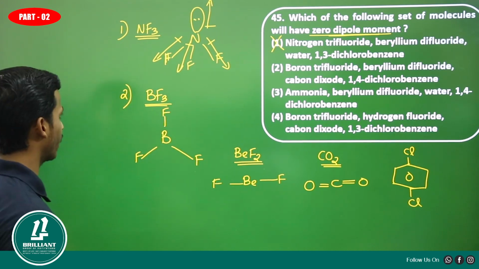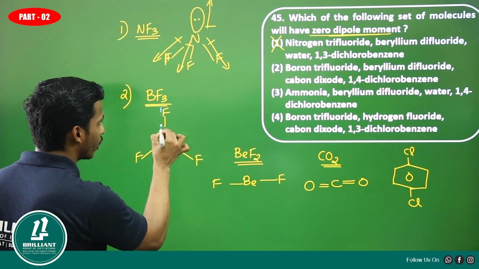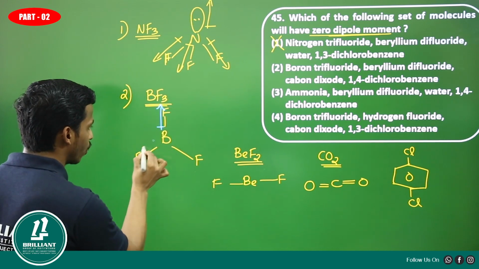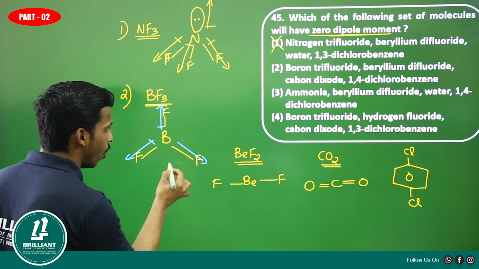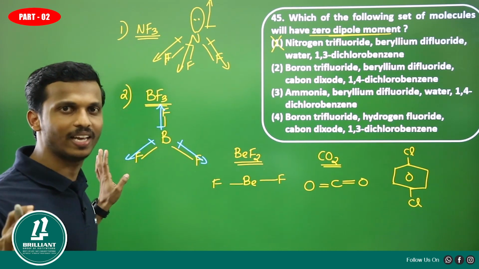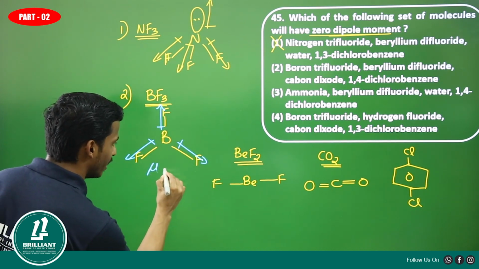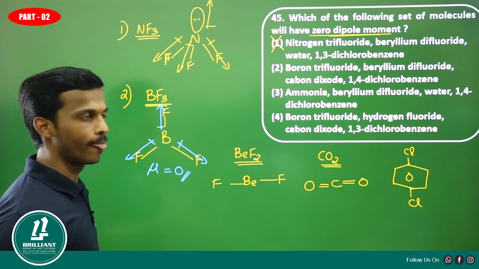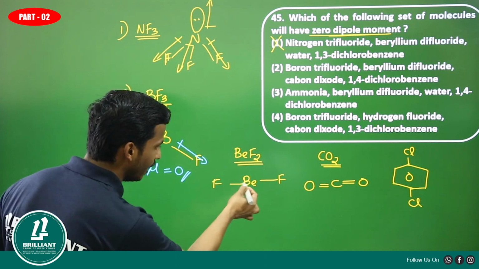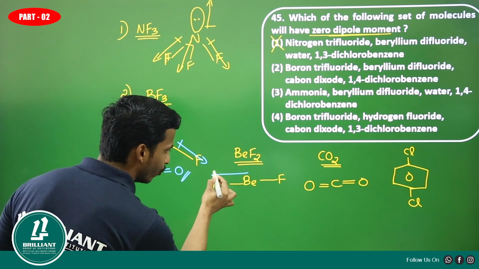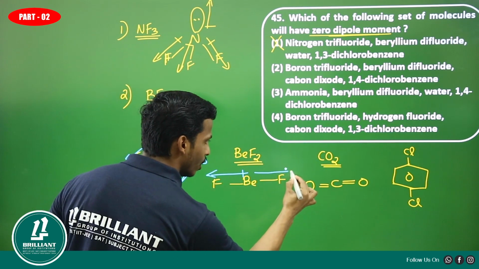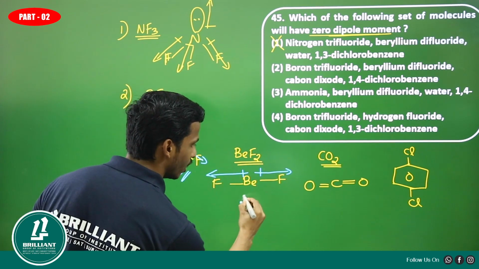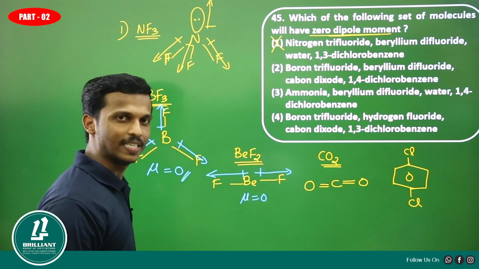1,4-dichlorobenzene. See, all of you look here carefully. Boron and fluorine, when you are considering, fluorine is most electronegative. So students, all their dipole moments are cancelling each other. So their dipole moment is equal to 0. What about BeF2? Be and fluorine, fluorine is most electronegative. So they are also cancelling each other. So dipole moment is equal to 0.